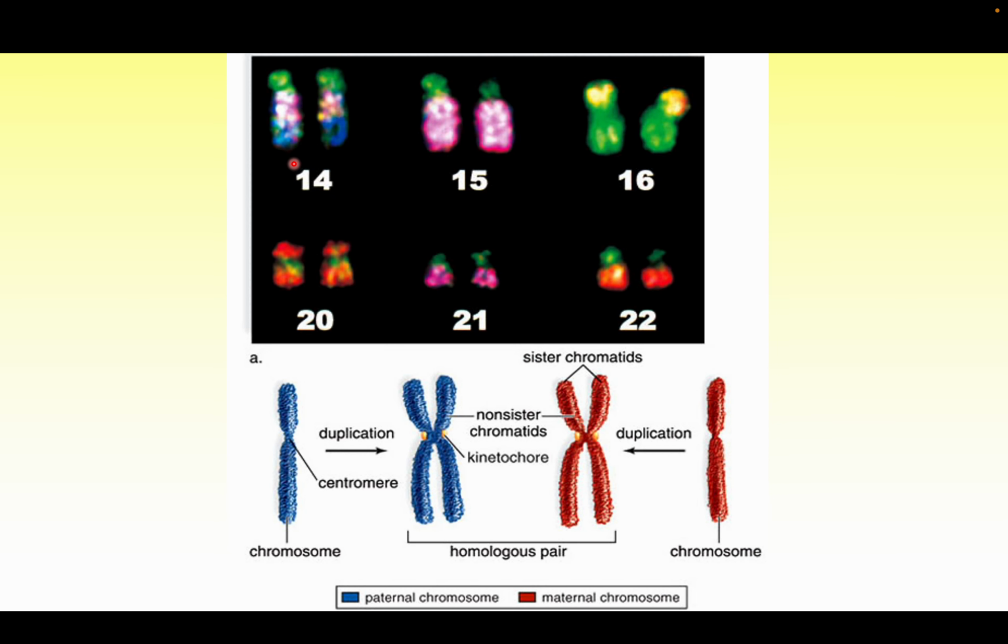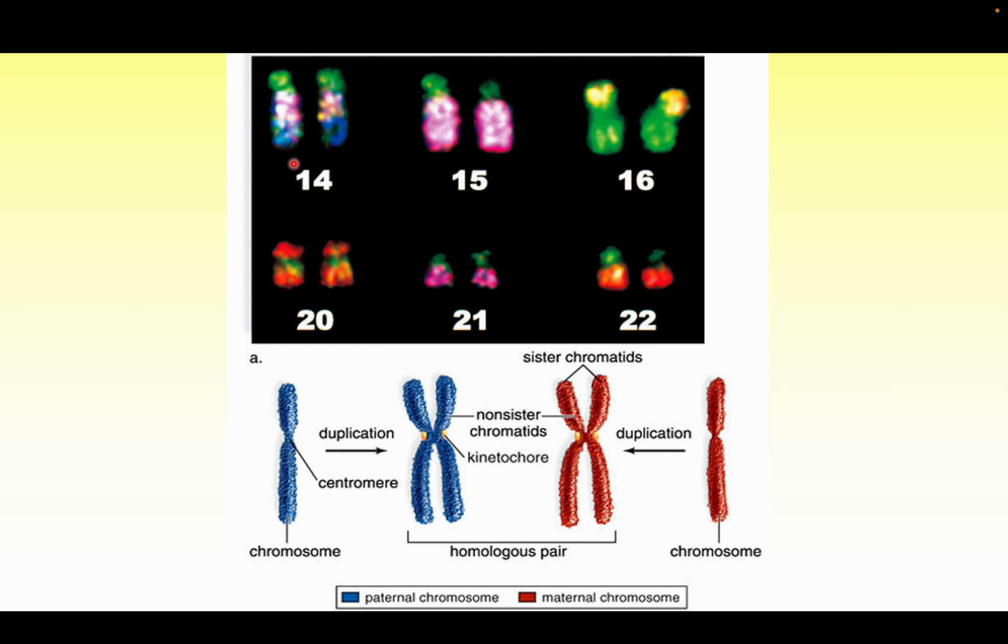So just as a review, during homologous pairing, one paternal chromosome and another maternal chromosome will find one another and form a homologous pair. We expect that after crossing over, they will separate and be distributed to the progeny cells.